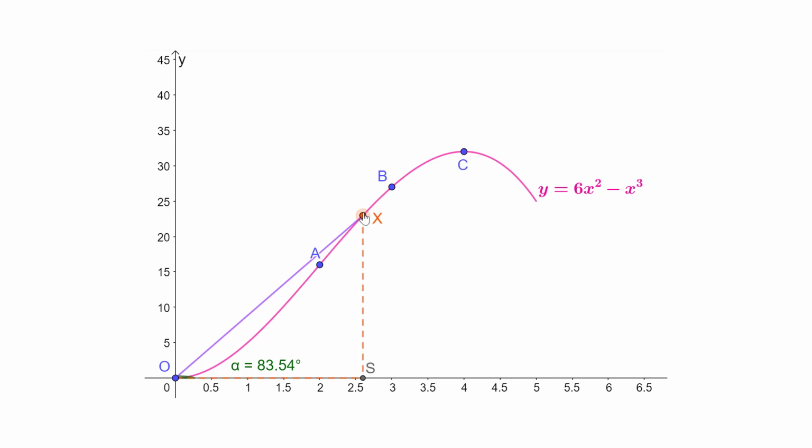So pay attention to the alpha value, and you will see that at point B, the alpha value is the largest, which means that the APP value is the largest. And as I move from B to C, you can see that the alpha value is decreasing, which also means that the APP value is decreasing.